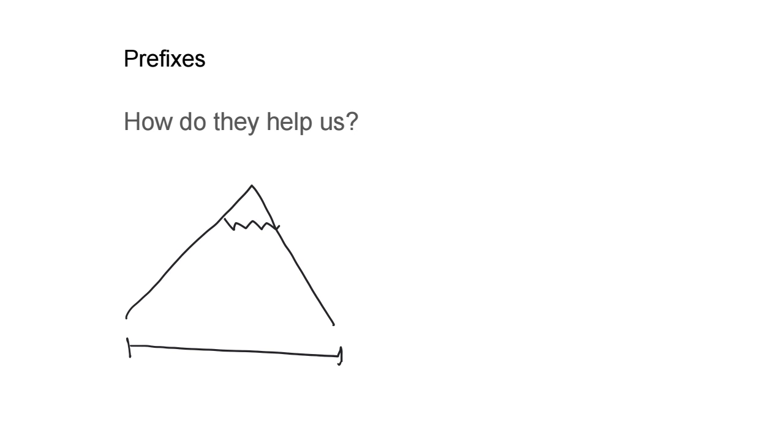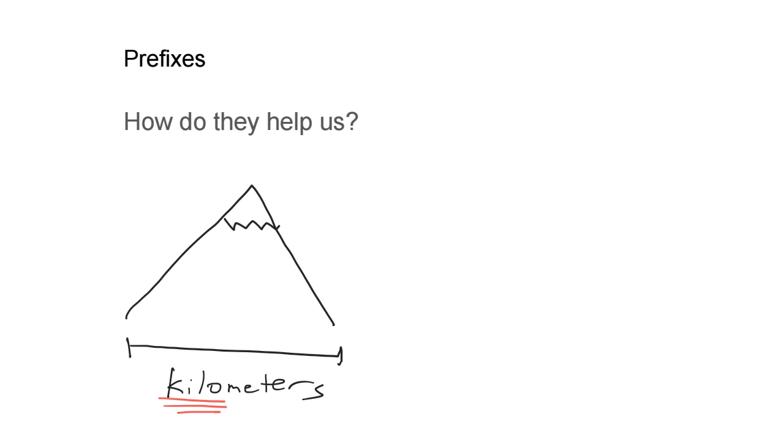So prefixes help us move the decimal point so we don't have to write as many numbers to express a really large size. So this might be kilometers. And the kilo there is the prefix that says that each kilometer is 1,000 meters, so I don't need to use as big of numbers.